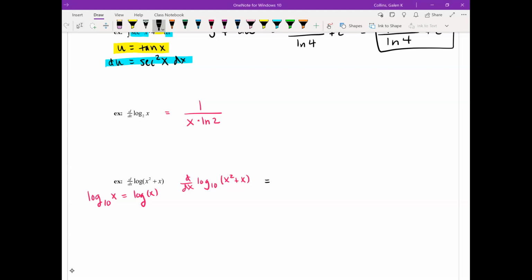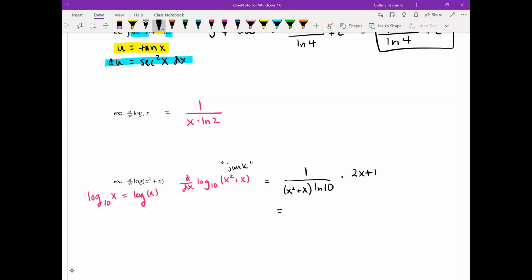That's going to be 1 over, now in the past we said it's 1 over x, but now we've got this junk here instead of the x. So we get 1 over x squared plus x times the natural log of 10, because that was base 10. But because we're taking the derivative of log base 10 of some junk, we have to multiply by the derivative of the junk.